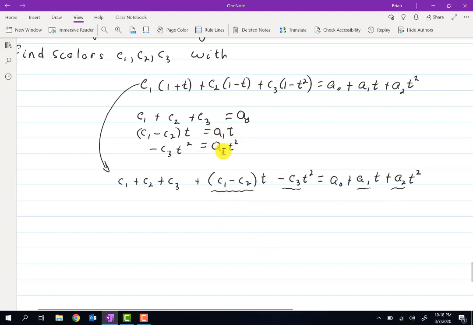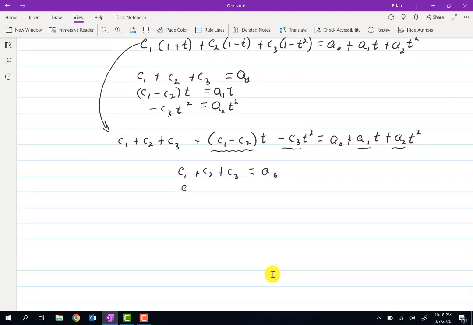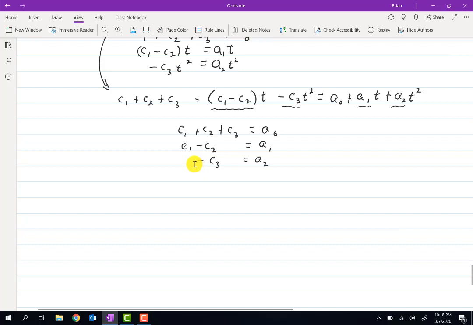These are the equations that I have. I'm going to use this to further refine my equation. C1 plus C2 plus C3 equals a sub 0. C1 minus C2 equals a sub 1. And then negative C3 equals a sub 2. Well, that makes C3 easy.